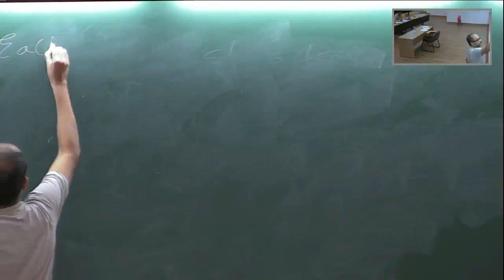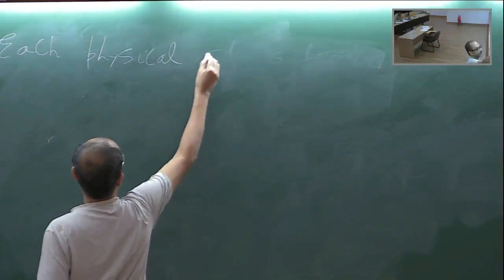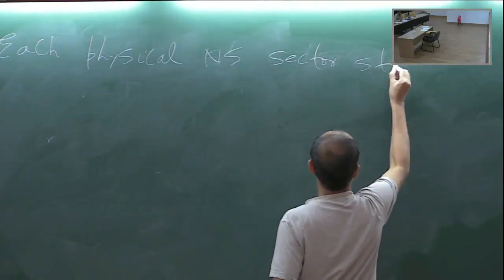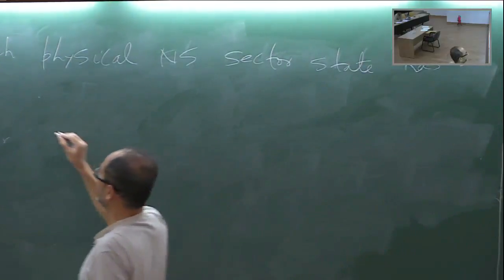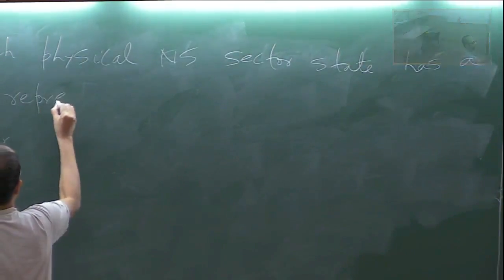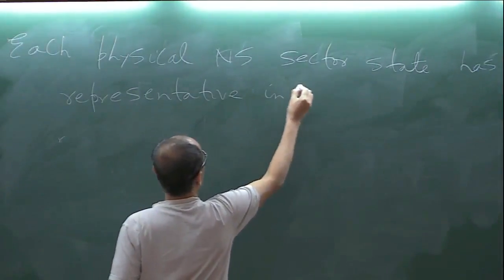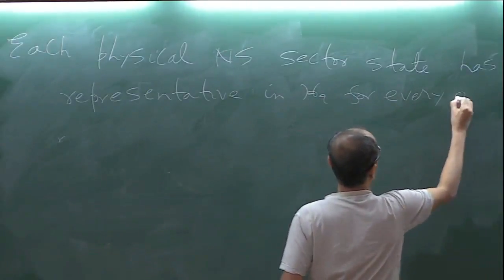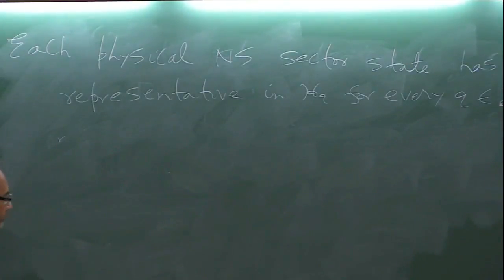Okay. Now it turns out that each physical NS or R sector state has a representative in H_q for every q which is an integer.